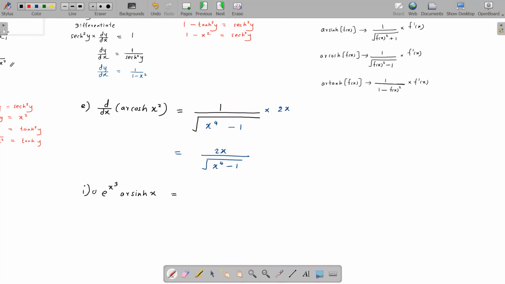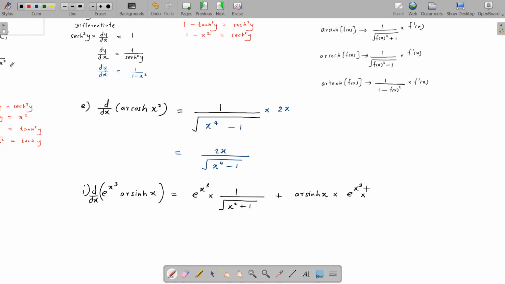The differentiation of this, d by dx, means we differentiate with respect to x. So e to the power x cube stays, while r sin x, when you differentiate, you get, I'm keeping e to the power x cube waiting, r sin x differentiates. The r sin x differentiation is 1 over root x square plus 1, into x. x differentiation is 1, so we don't need it. Then plus, now the r sin x waits, while e to the power x cube, when you differentiate, it's e to the f(x), e to the power x cube into f dash x.